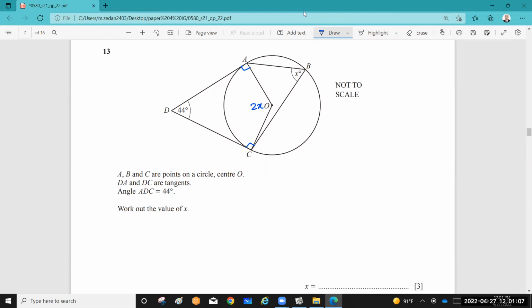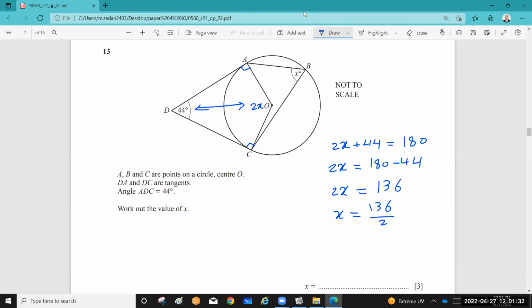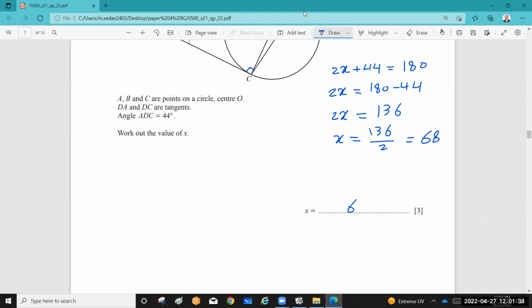So I can find 2x now. 2x plus 44 is 180, as the sum of opposite angles in a cyclic quadrilateral is 180. So 2x is 180 minus 44, which is 136. So x is 136 divided by 2 equals 68. So x here is 68 degrees.